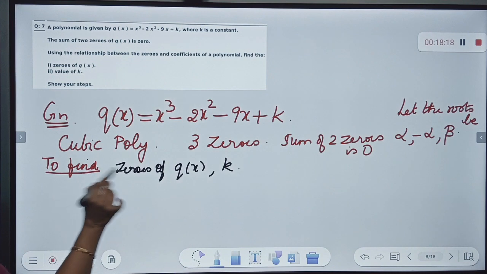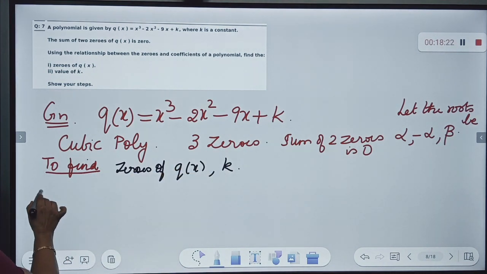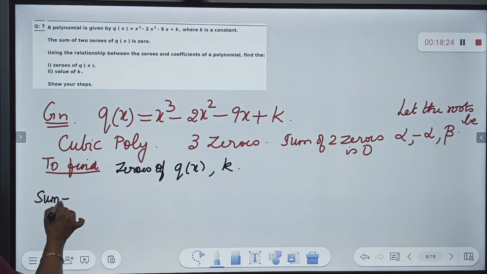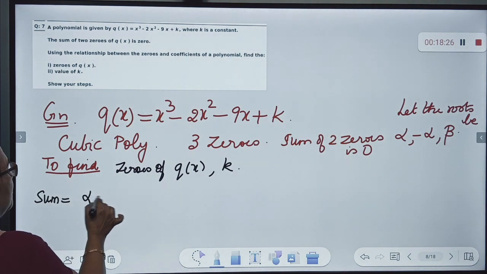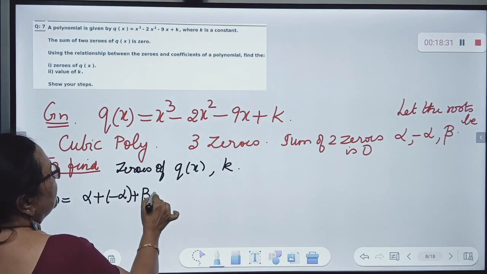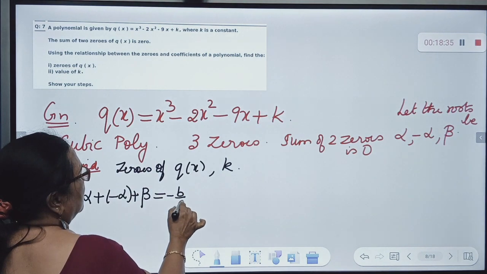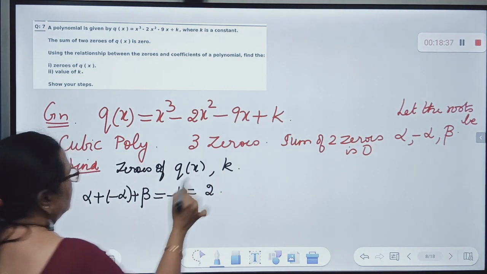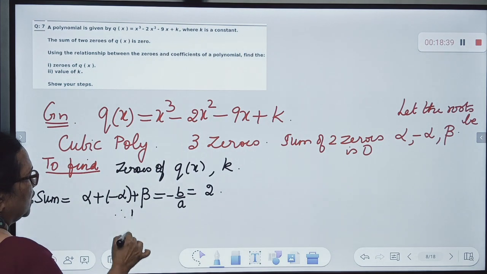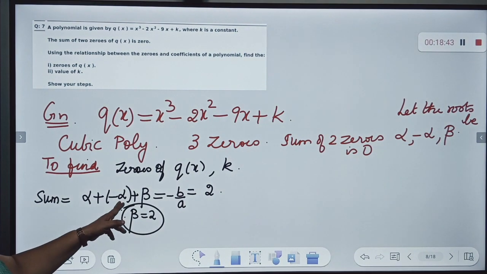Okay, now what do we know? The roots are alpha, minus alpha and beta. So the sum of the roots, alpha plus minus alpha plus beta, is equal to minus b by a, which is equal to 2. Therefore, beta equals 2, because alpha minus alpha gets cancelled.